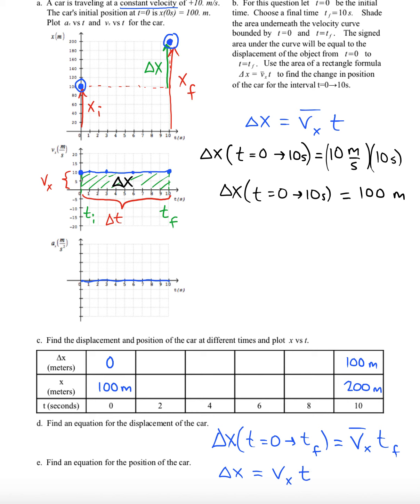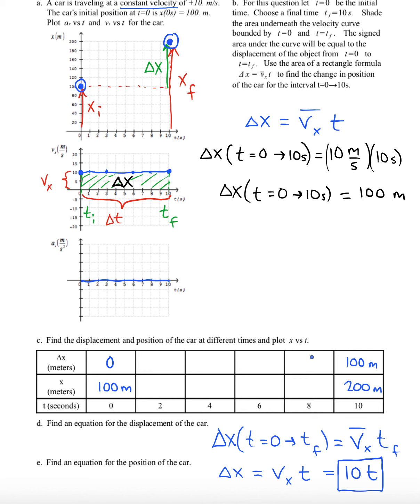Notice the velocity here is constant, so I don't have to actually put the bar above there. The bar means average, but the average velocity here is just going to be 10 because it's 10 all the time anyways. So now let's put in our numbers. And that is our formula that we want to use for the displacement. We can just plug in a time and it'll give us the displacement of the car.